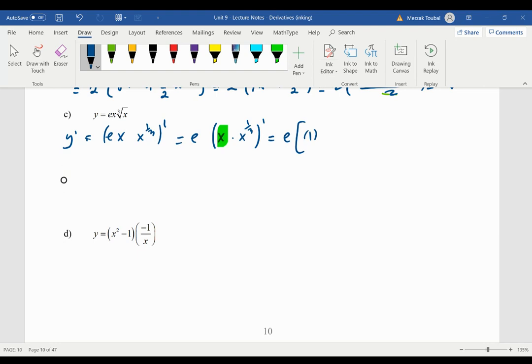Derivative of x is 1 times x to the 1/3 plus derivative of x to the 1/3 is 1/3 x to the power of 1 minus 1/3, which is negative 2/3, times x. So I just applied the product rule. So e times cube root of x plus x times x to the power of negative 2/3. So 1 minus 2/3, that should be 1/3.